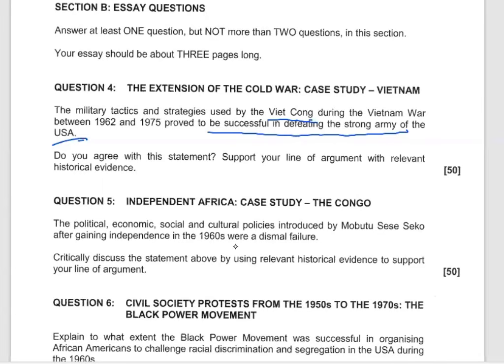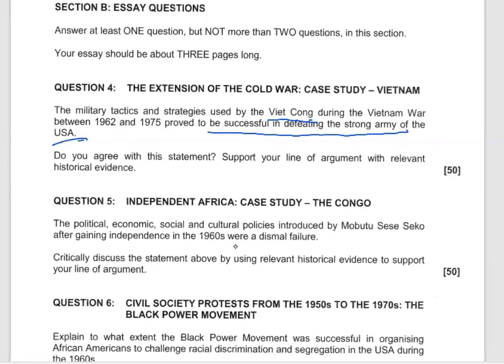The Viet Cong strategies, as you highlight them, for example, the guerrilla tactics, the hit and run, you show in your linking statement that they were successful in defeating the strong army of the USA. Talk of guerrilla warfare tactics, talk of hit and run, talk of the booby traps, talk of support from peasant farmers, talk of support from neighboring countries, talk of the usage of the Ho Chi Minh Trail, talk of support from China and USSR, talk of the Tet Offensive, talk of the usage of geographical knowledge, talk of not having uniforms.